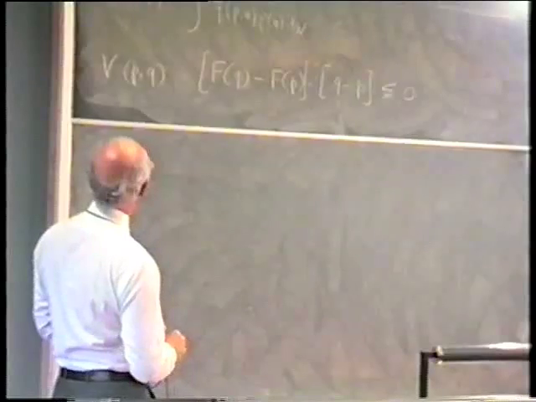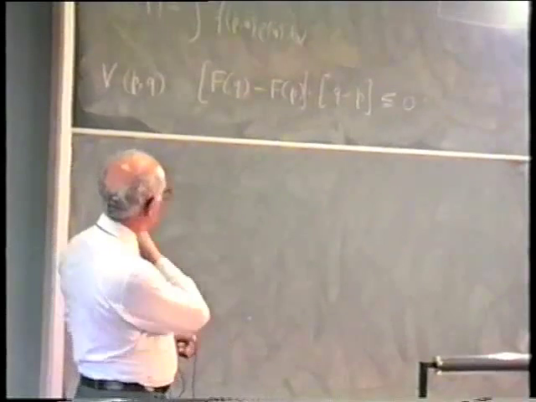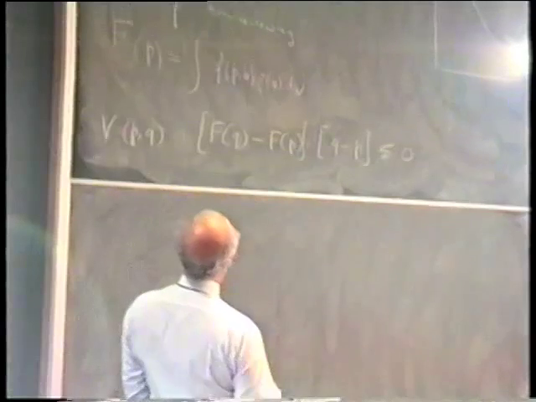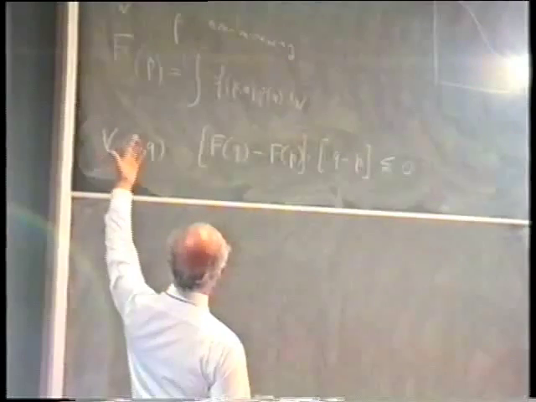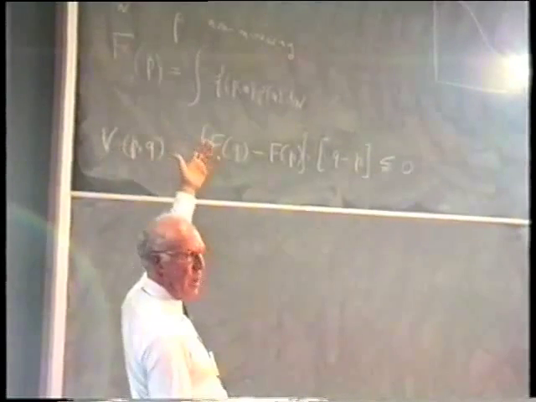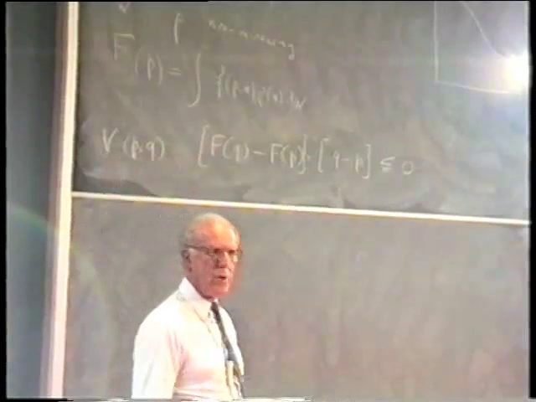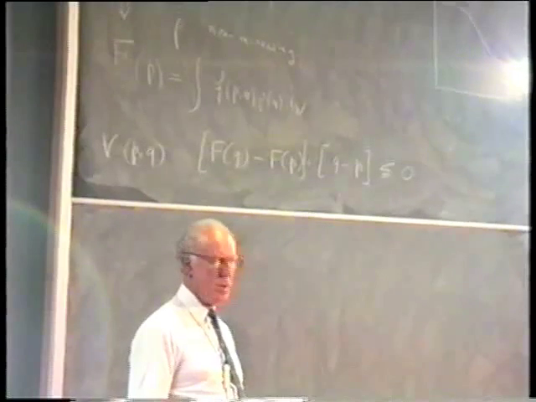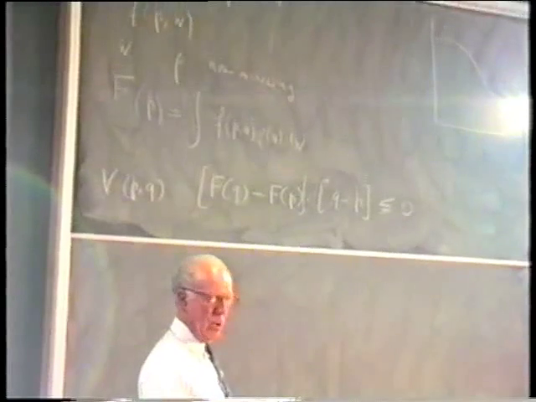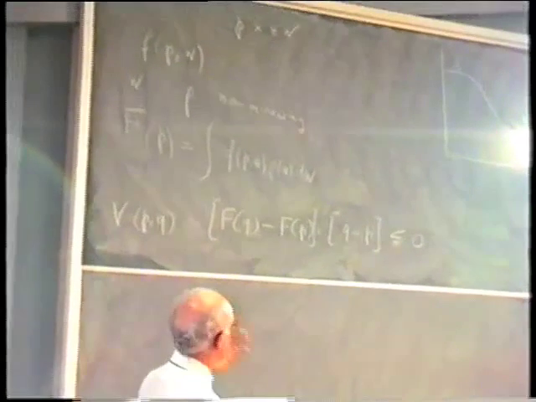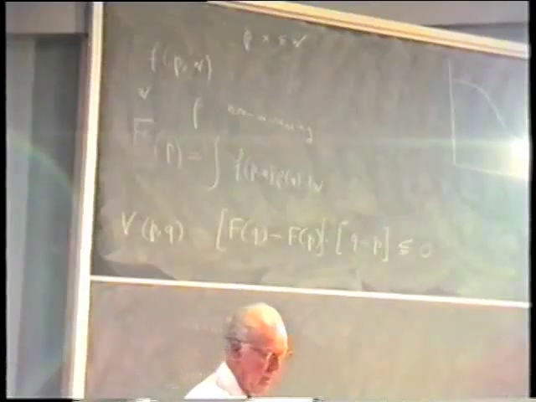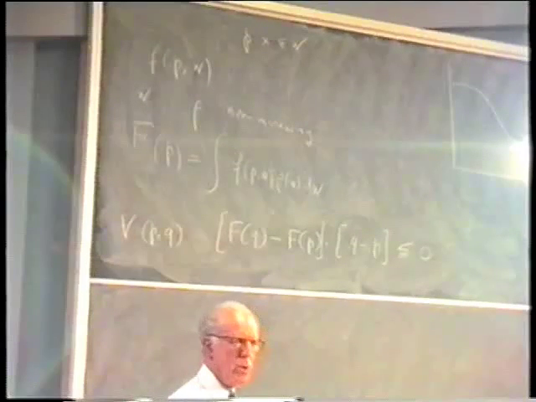So I repeat, we take an economy made up of a continuum of consumers. They all have the same demand function, which is only assumed to satisfy the weak axiom of revealed preference. And of course, if the consumer has a preference relation of the type I discussed half an hour ago, this is certainly true.